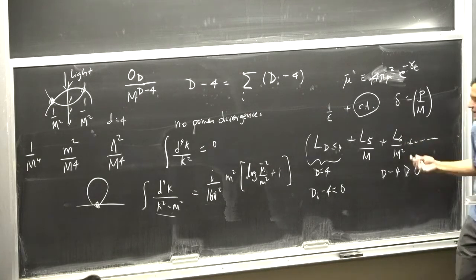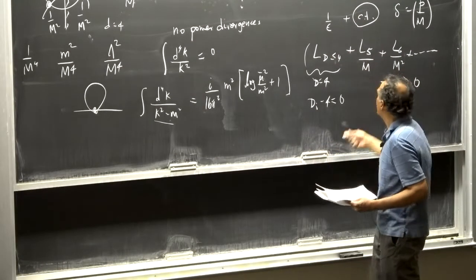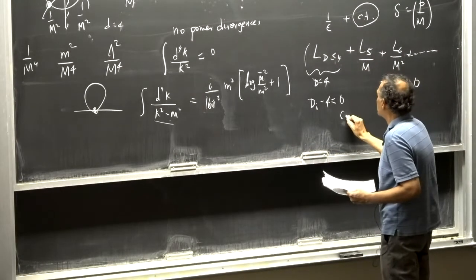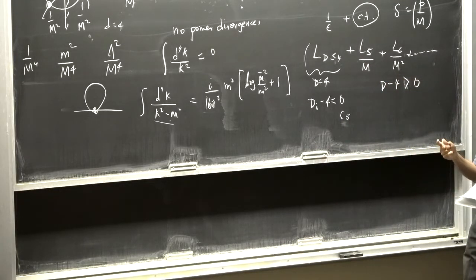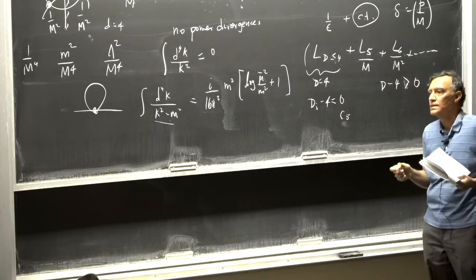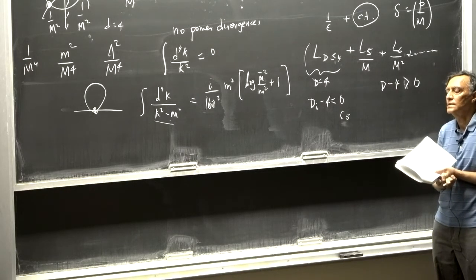And now you can see how anomalous dimensions are also going to work. Because if I have some dimension 5 coefficient, I'll call it C5... Yeah, go ahead. You said even if your coefficient is 0, you still need a counter term for it?